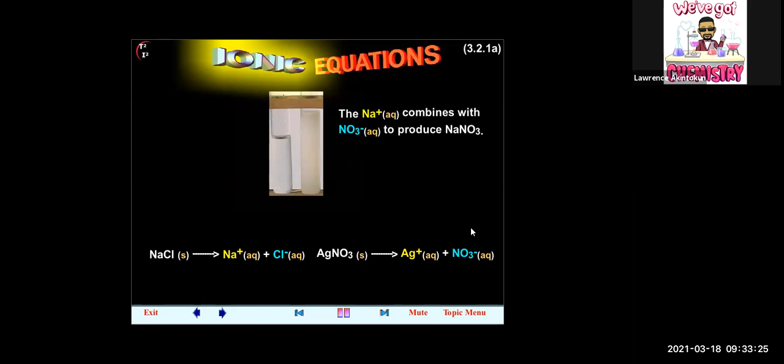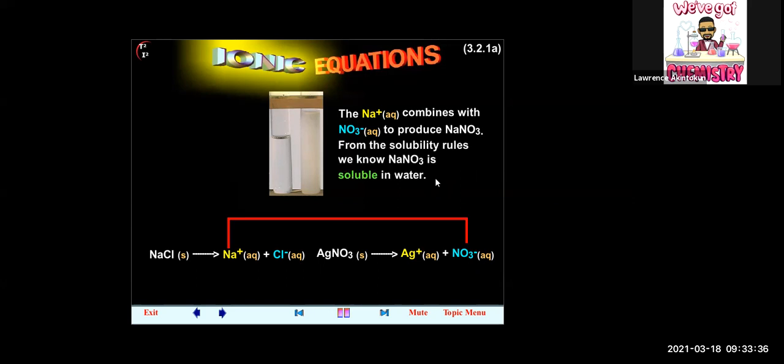The Na+ (aq) combines with NO3- (aq) to produce NaNO3. From the solubility rules, we know NaNO3 is soluble in water. Hence, it will exist only as Na+ (aq) and NO3- (aq).